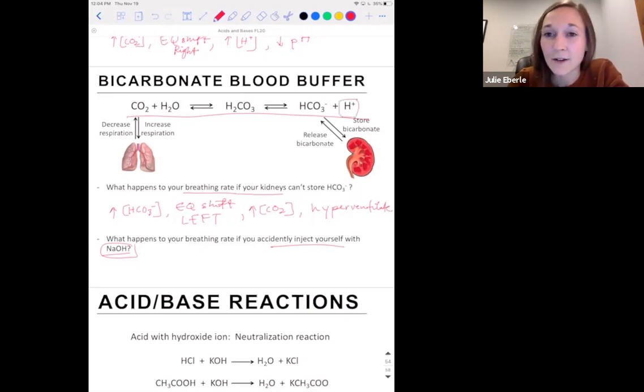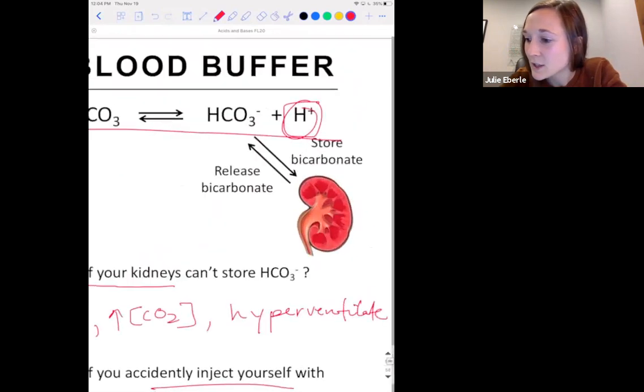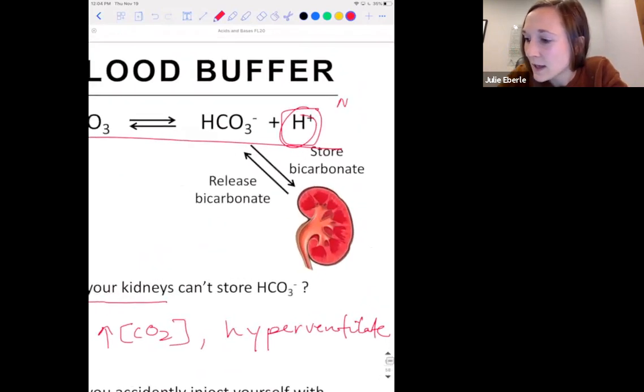H+ right here is, I mean, like magnetic. It's really attracted to OH minus, okay? So this H+, if we inject ourselves and we have some Na and some OH minus over here in our blood, these two things are absolutely going to react with one another, okay?